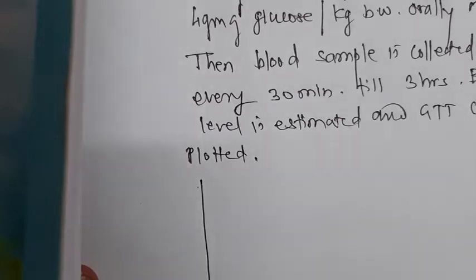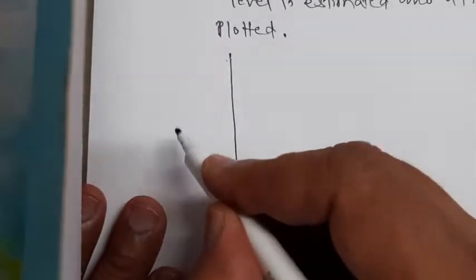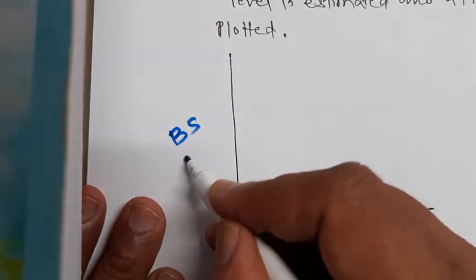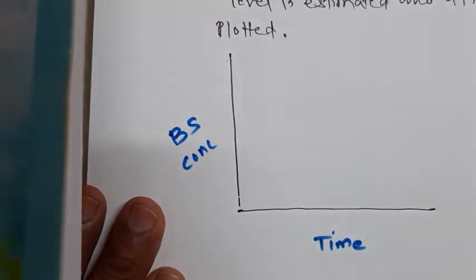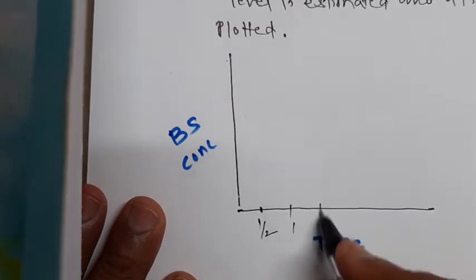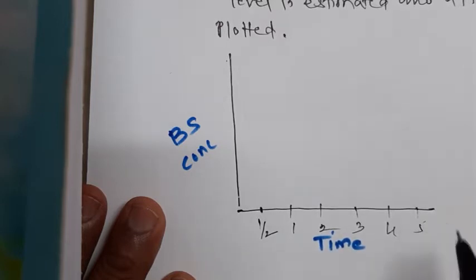So we have time here, and this is the blood sugar concentration. So time: half hour, 1, 2, 3, every hour up to 3 hours.